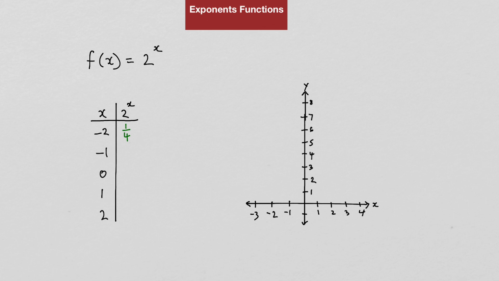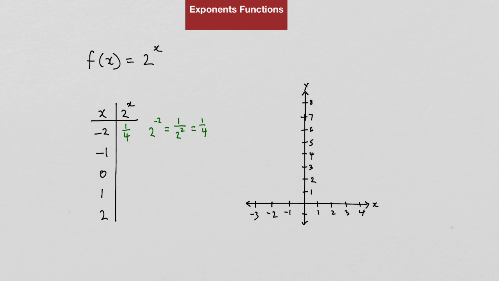Now if you're wondering how we got that, let's go ahead and work that out. So 2 to the -2 power is the same as 1 over 2 squared, and that comes out to 1 over 4.